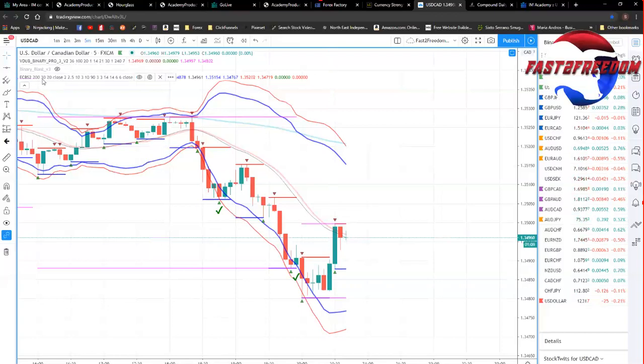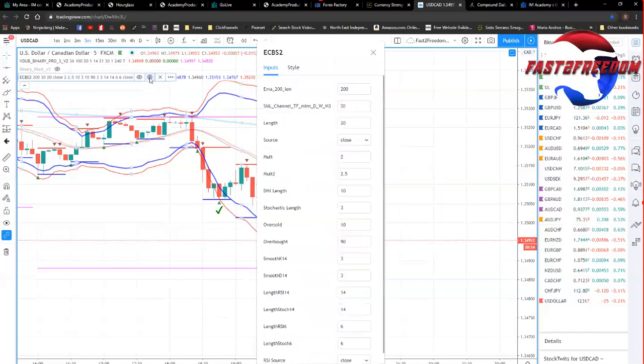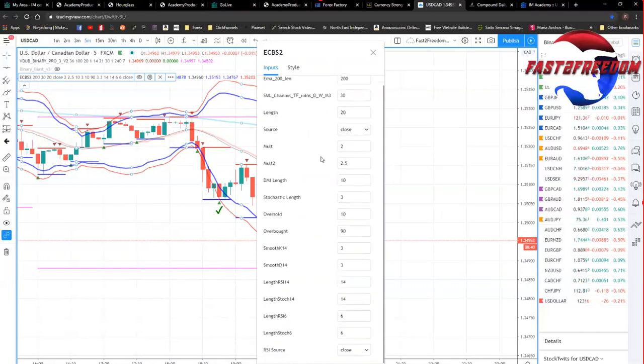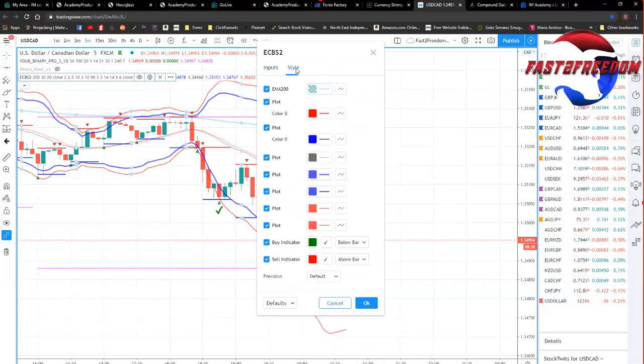I believe it was the length. I put in 20. I don't know what the default was, but I think that was the only thing I changed. Other than that, I left everything as is.